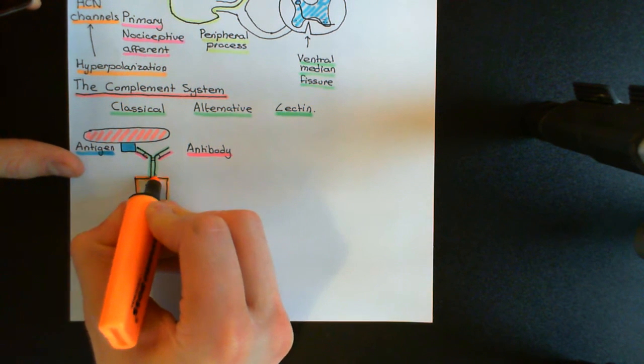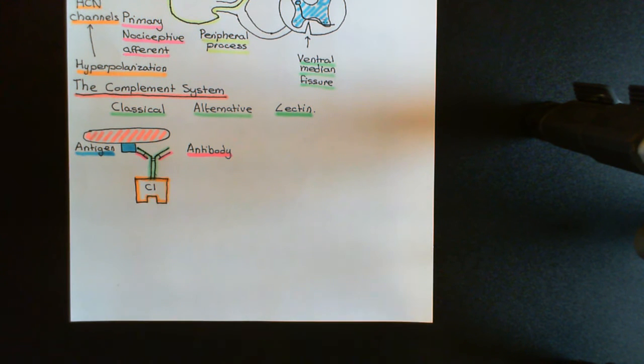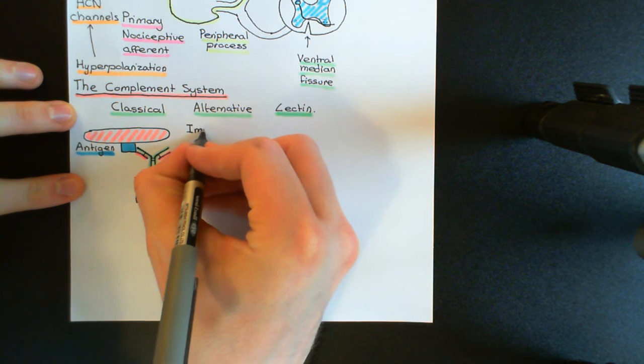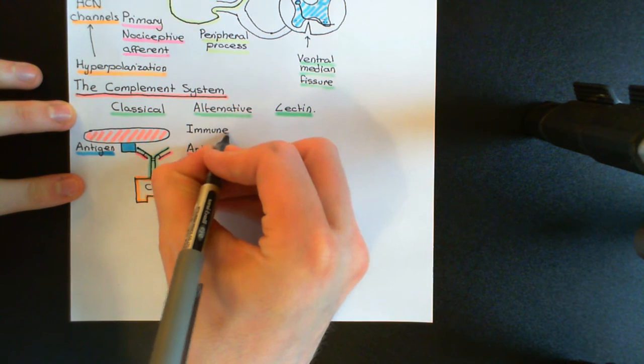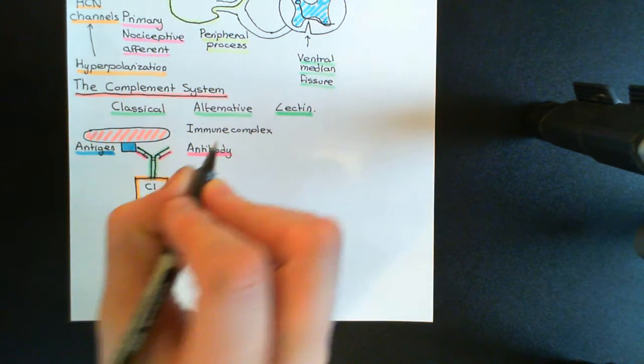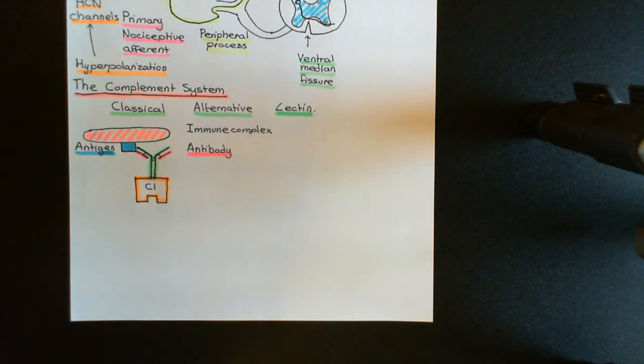And I'll colour C1 here in orange. So C1 comes in and binds to the antibody-antigen complex. And by the way, a complex of an antigen and an antibody is often known as an immune complex. So the C1 is going to bind to the immune complex, as shown here in this picture.